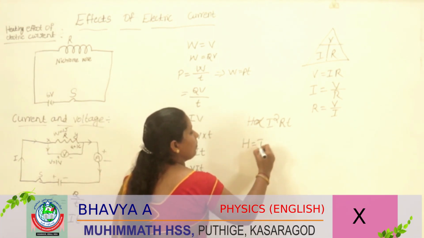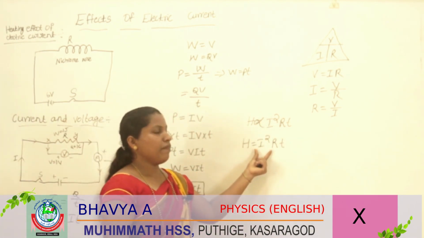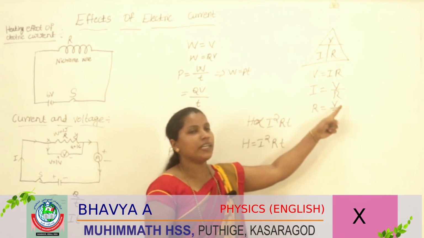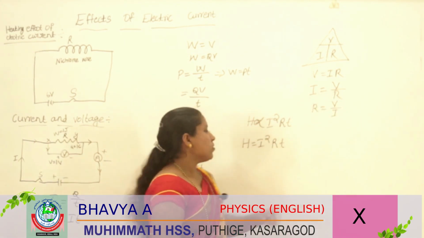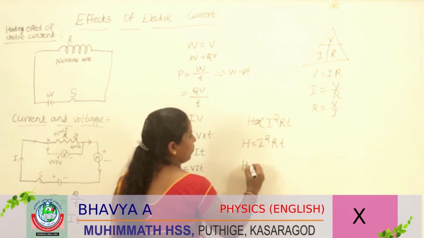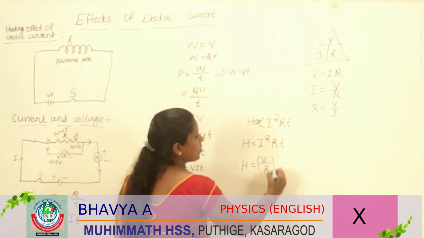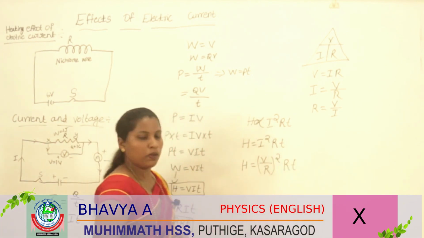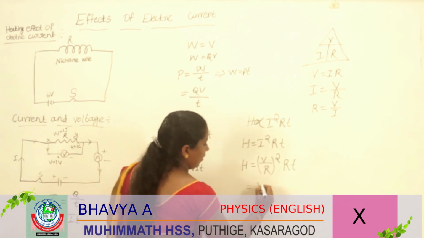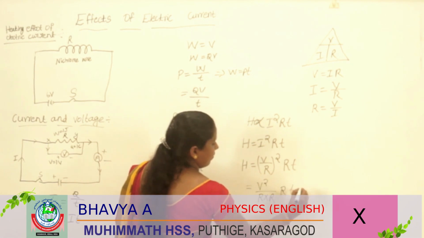Again you should apply for H. H is equal to I square RT. So instead of the I value, you should apply V divided by R, from Ohm's equation. So you should apply here H is equal to V divided by R whole square into R into T. Next it can be written V square divided by R into RT.